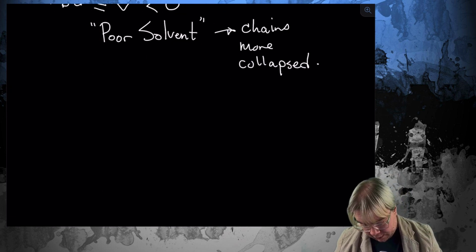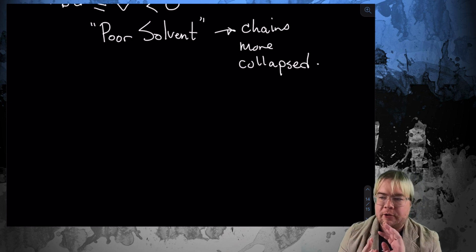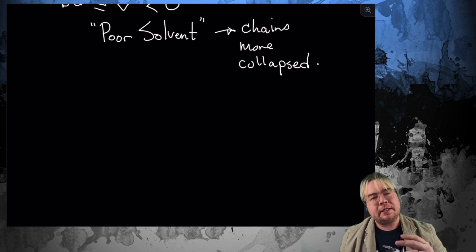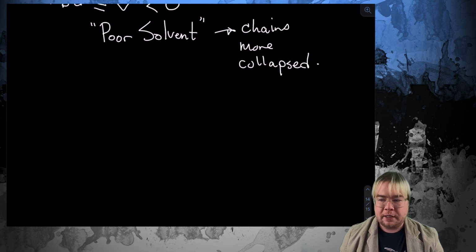I mean, we took this kind of qualitative picture of interactions between monomers and monomers and solvent, and what we came up with is a theory, or at least the start of a theory, that is going to tell us when a chain is swollen, when a chain is collapsed, or when a chain is ideal. And so in the next videos, what we'll do is we'll extend this further into what we call Flory theory, but what was originally derived by Paul Flory, and we'll use it to figure out what the size of our polymer chain should be.